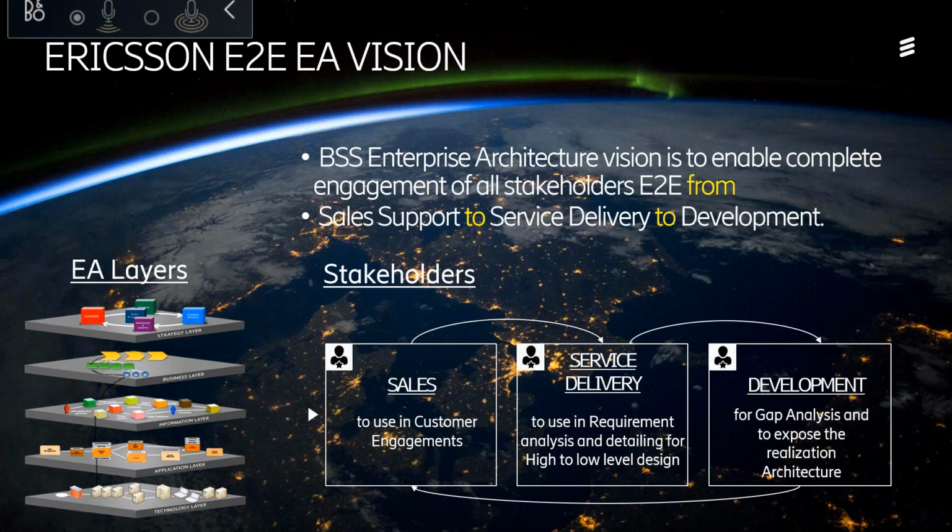It is a scaling of close to 80 development teams, covering almost 5 different major portfolios. All of them are modeled here, and they expose their application architecture, the services, the information, and so on, already in this development stage. These artifacts are then reused in our service delivery and sales.